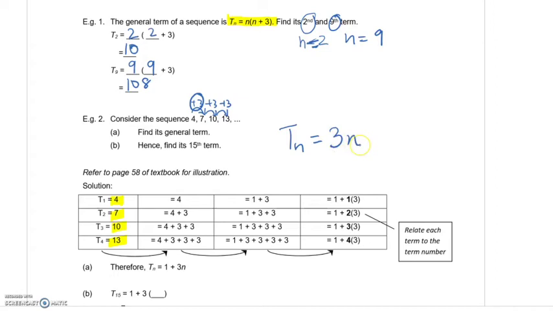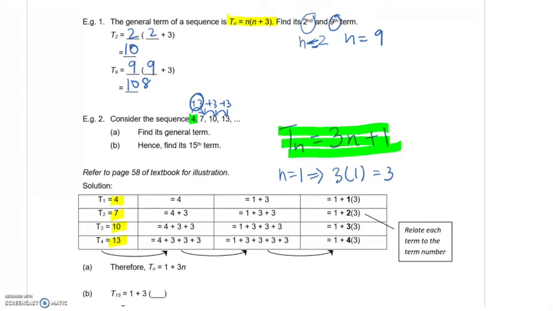So I'll be putting in 3n first. But then when I substitute in n equals 1, I get 3 times 1, which equals 3. But I do need a 4 over here. And therefore, I will have to add a 1 in order to get 4 for my first term. So this will be the answer that we are looking for.